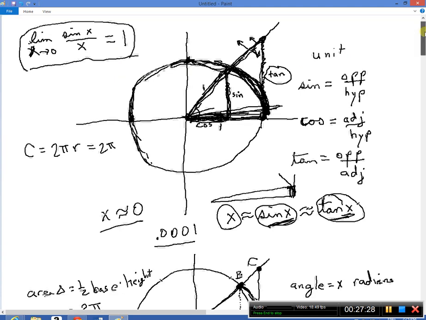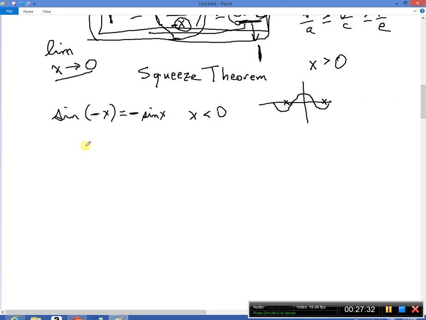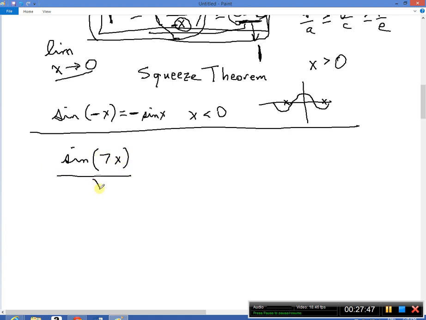Okay, let me first talk about what other types of problems you can do now with this sine of x over x business. You can also calculate the limit of sine of other things, like pick a number, let's say 7. What would the sine of 7x over x have as its limit as x approaches 0?